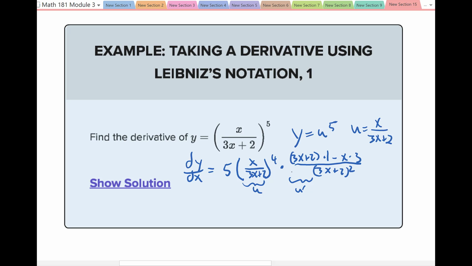I guess I should have realized this is going to be a much longer expression. So we're going to call that our du dx, which is our u prime.